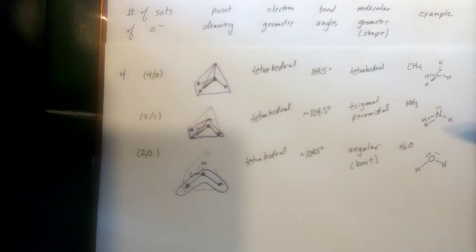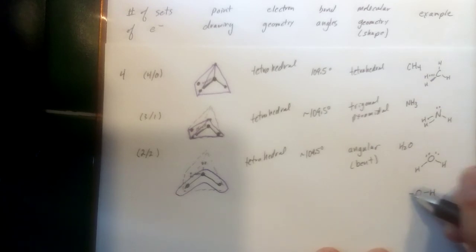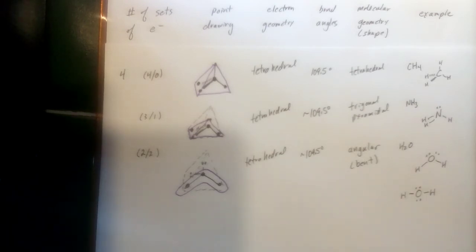The other thing probably worth pointing out, right, I'm trying to draw these to show the 3-dimensional structure. It's probably important to realize that you will likely not draw them like this, right? If you are doing the Lewis structure for water, and in fact we did this in the last chapter, right? When I originally drew it, I drew it like that. As you're drawing it, you may not realize what the geometry is yet, so you may well draw it linear. That's kind of the default of humans, is we'll draw things symmetrically if we can.